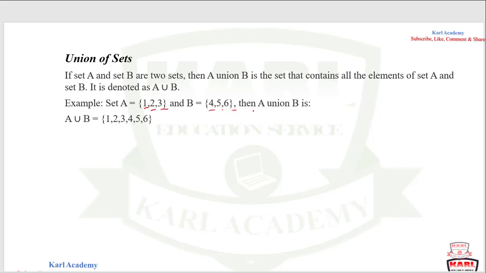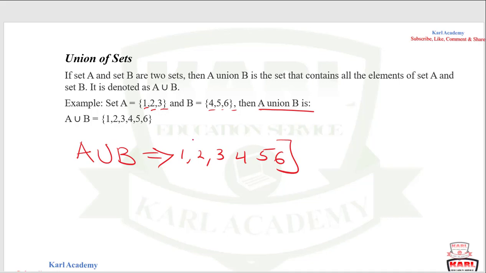Now, when you do the set operation, it will be A union B, meaning that this will contain all the elements in A and B without repetition, so that shall have 1, 2, 3, 4, 5, 6. These are our new elements in that operation. That is a union operation. However, if B contained 2, 3, 4, 5, 6, we would not repeat 2 and 3.